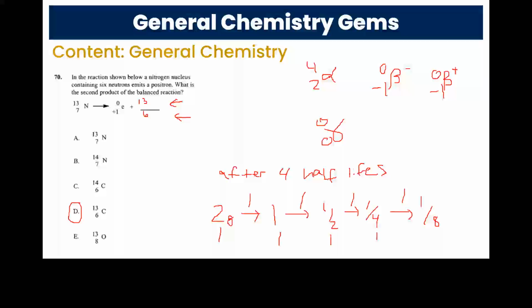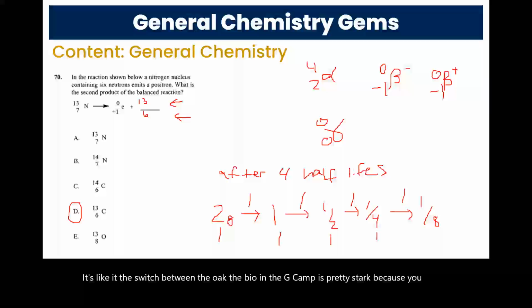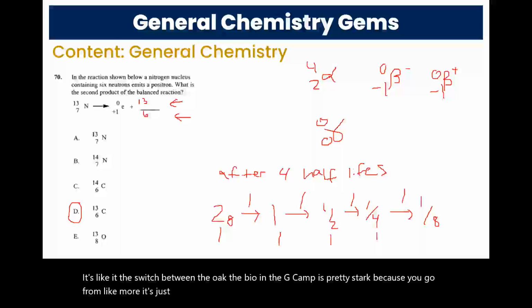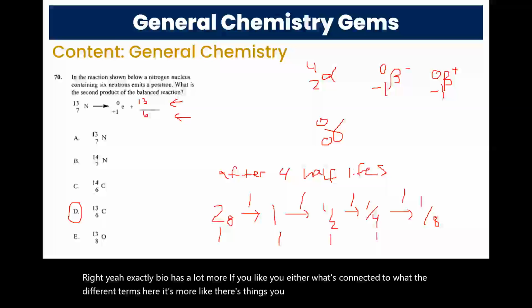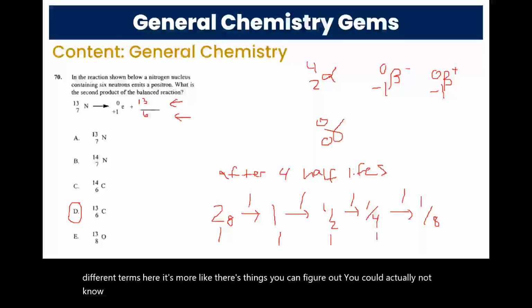Yeah, the switch between bio and G-Chem is pretty stark, because you go from more fact recall to now I have to do more figuring, right? Yeah, exactly. Bio has a lot more of knowing what's connected to what, knowing the different terms. Here there are things you can figure out. You could actually not know something and probably eliminate your way down to it more easily in G-Chem than you can in bio.